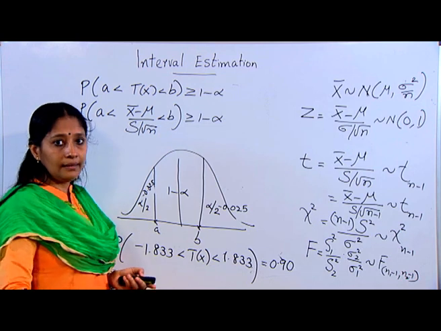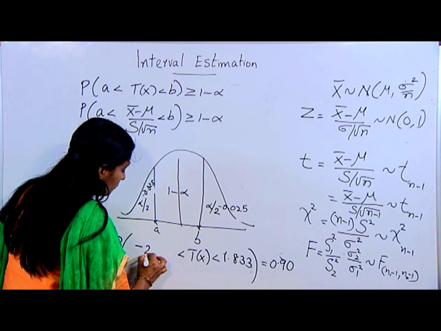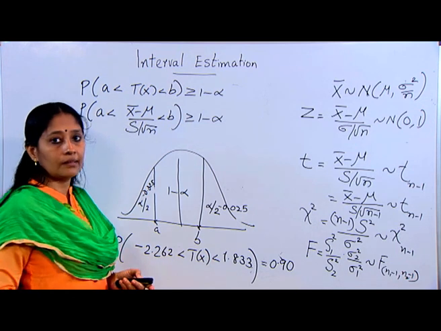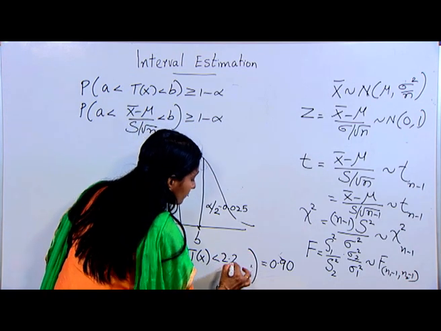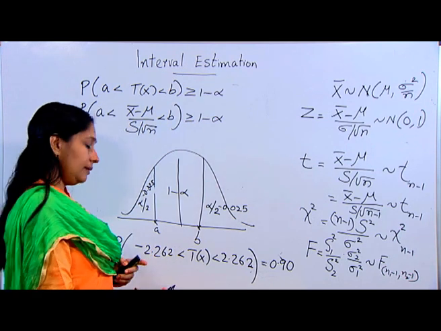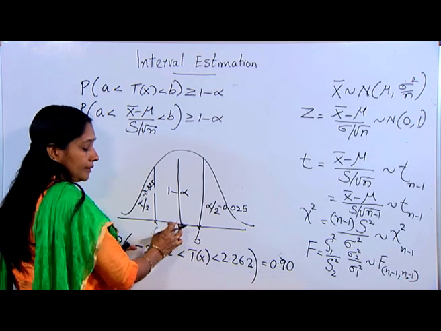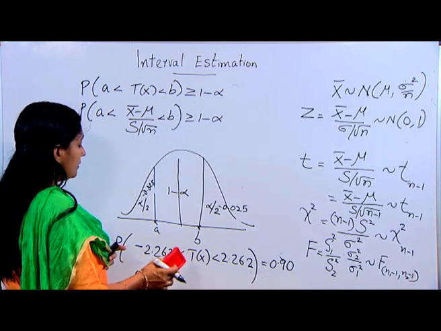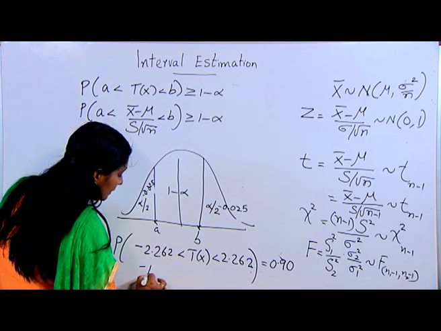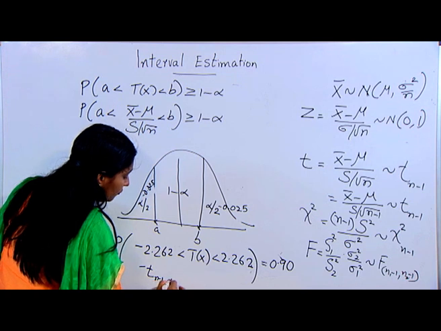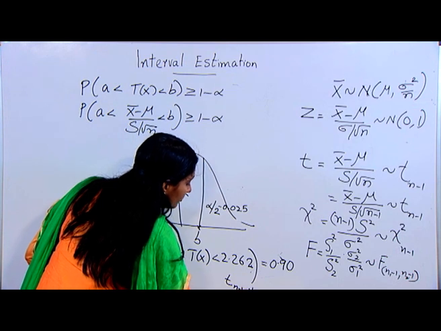There you can see that this value will be minus 2.262 and this value will be 2.262. Since it is a symmetric distribution, again we are taking a and b at equal distance from the center. Hence, generally these points are denoted as minus t n minus 1 alpha by 2 and t n minus 1 alpha by 2.